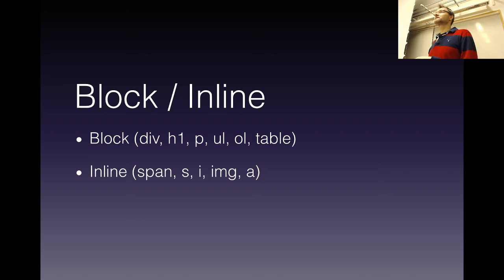So a block is an element that takes up the whole width of the page. Let's just think of it as, not a square, but a rectangle. And in it should be some type of content, but it's a box. And then we have these inline elements.